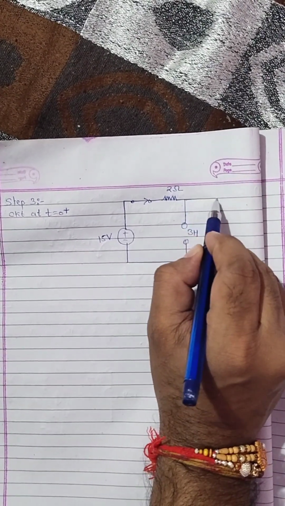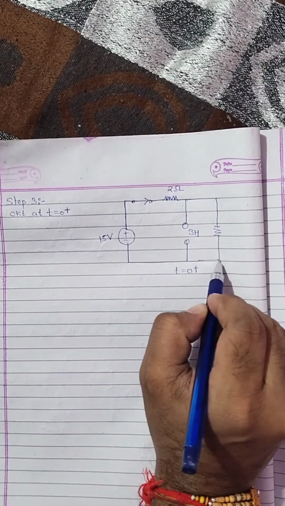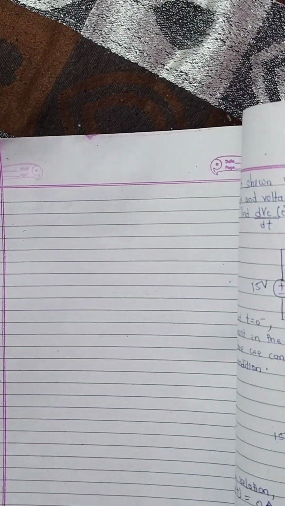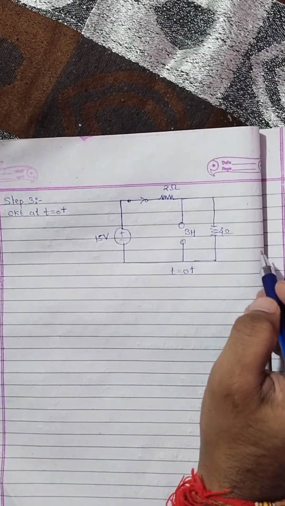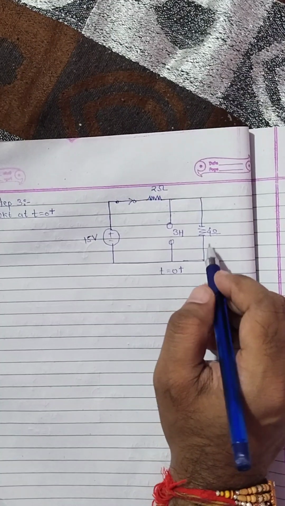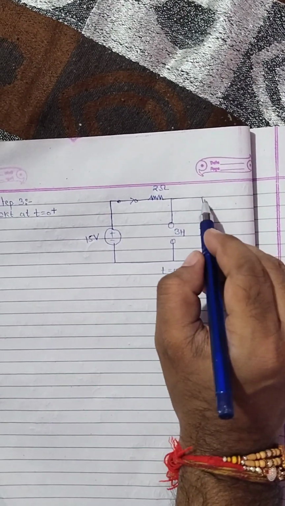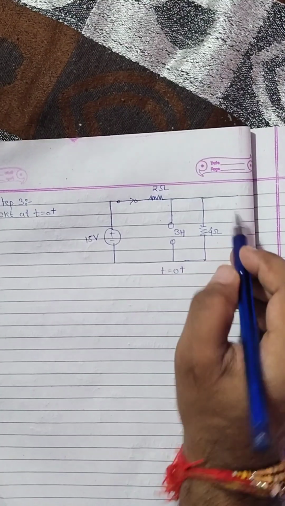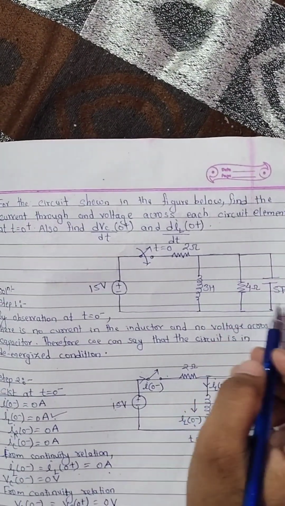Similarly, next the resistor remains as it is, 4 ohm. And this is a de-energized capacitor.